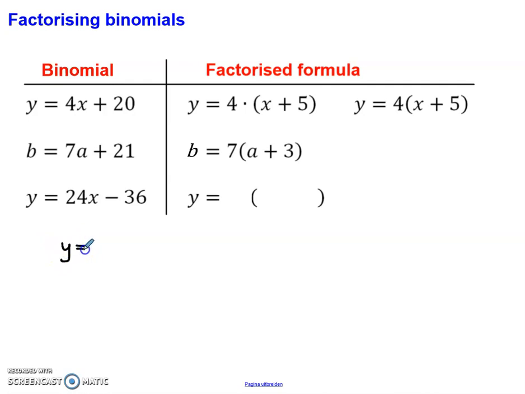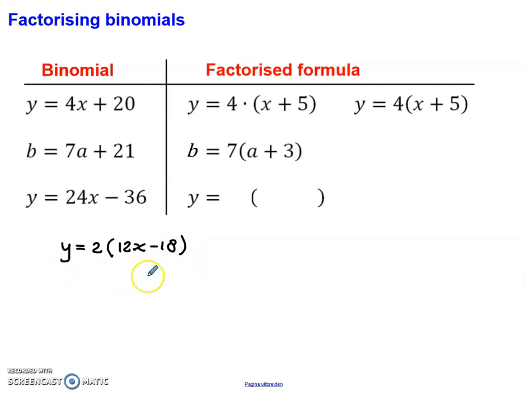Y is equal to, for example, both terms can be divided by 2. So I write down 2, bracket, 2 times something needs to be 24x, so there should be 12x. 2 times something, and make sure you look closely for this minus, 2 times something is minus 36. Then you should write down minus 18.